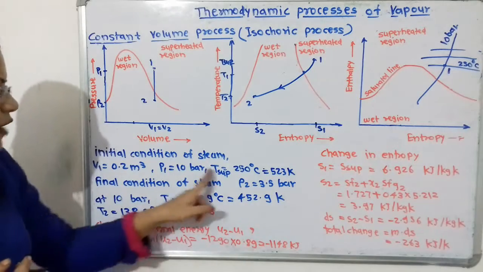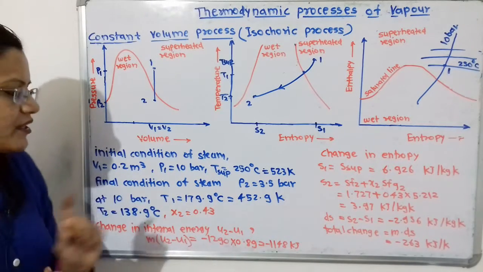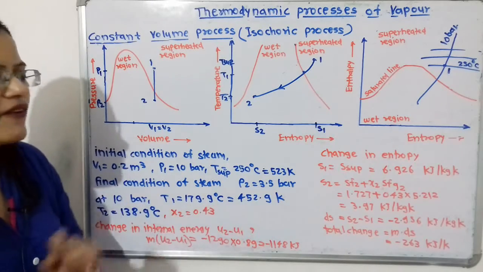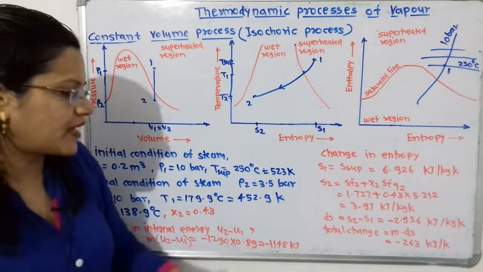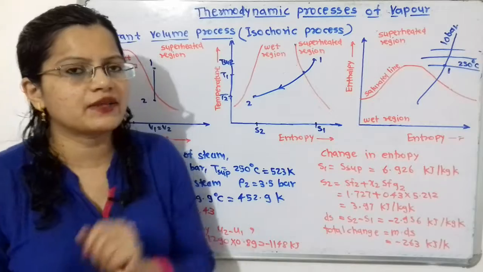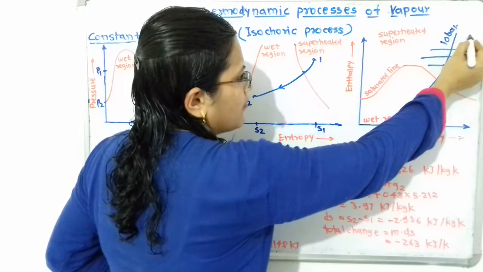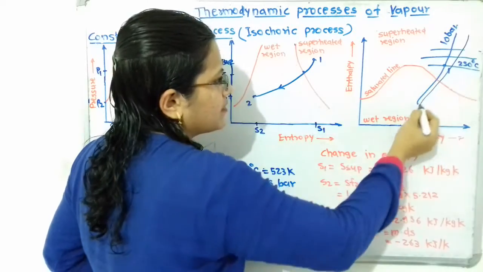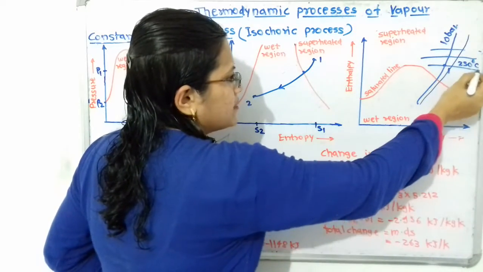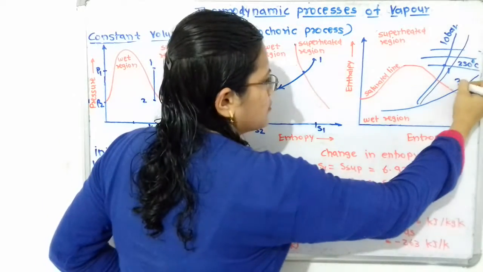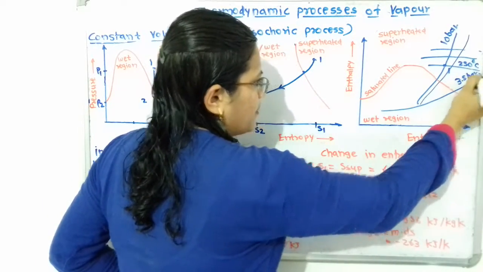Now how to select point 2? Point 2 is for pressure P2 3.5 bar and dryness fraction x2, so we have to take the point of intersection. Here is the 10 bar line. Before this 10 bar, there are some lines, and we will select the line with 3.5 bar. I will show this is the 3.5 bar line.